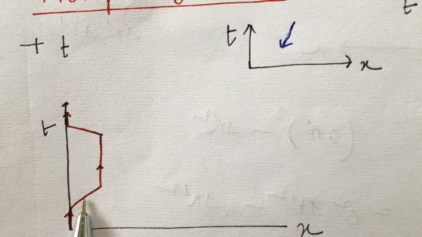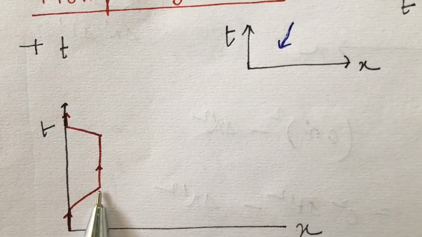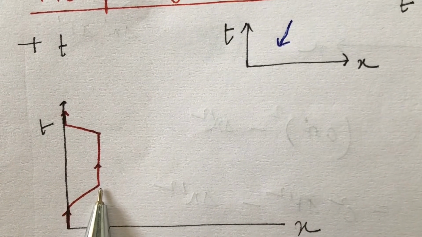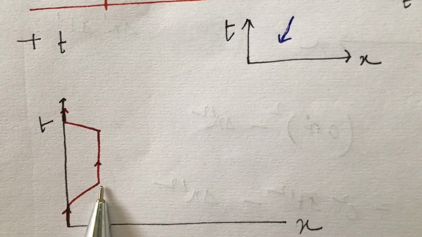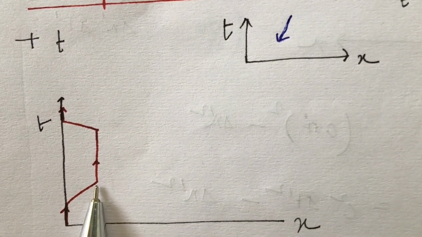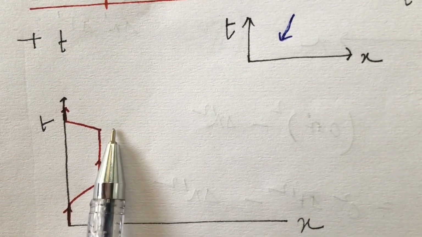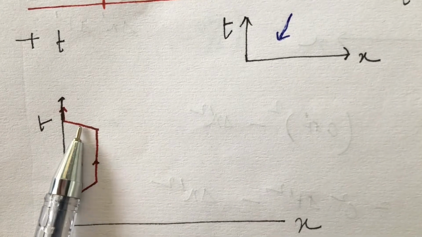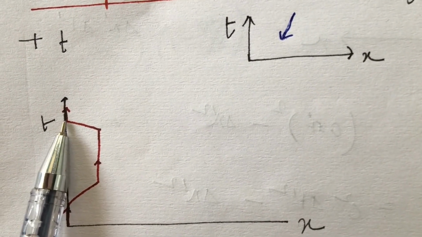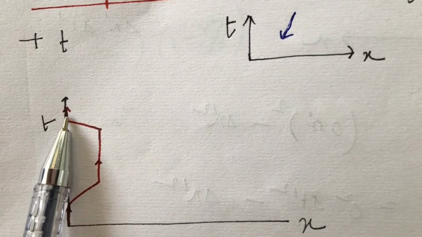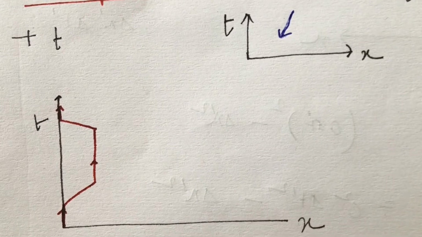Then I change my coordinate. Time and space both increase. Then I reach my institution, my college, and then I stay here. Here my position does not change, but time increases on its own. Again I am coming back to my home. Again my position is not changing. Time is going upwards in the positive direction, always.